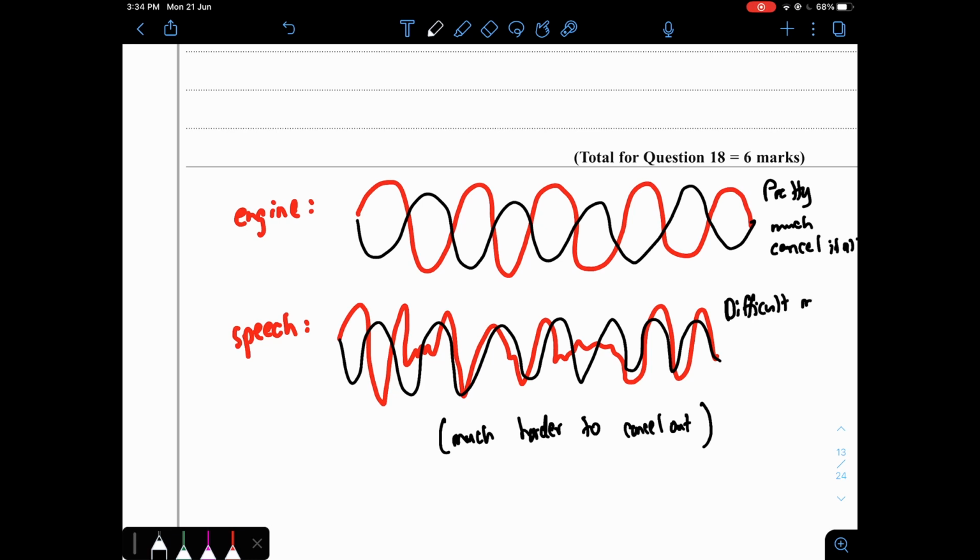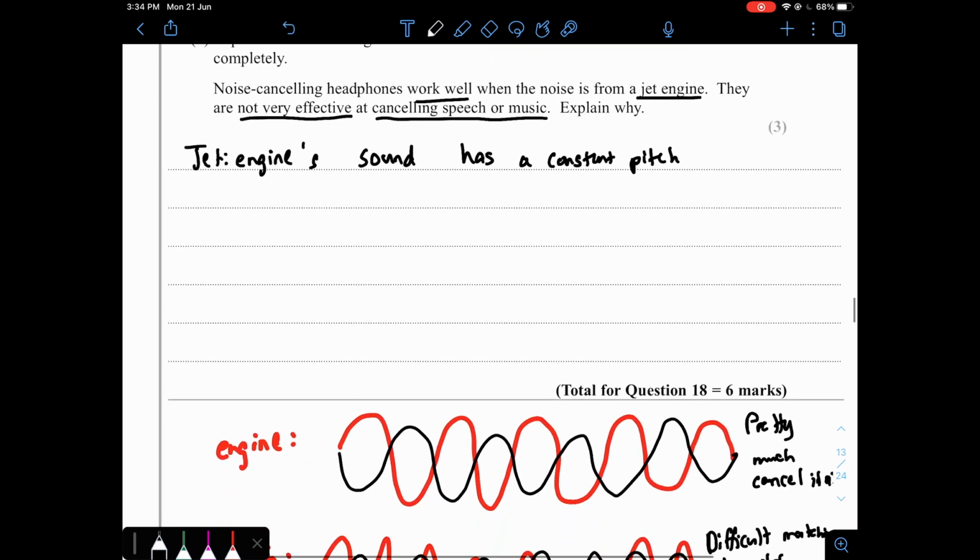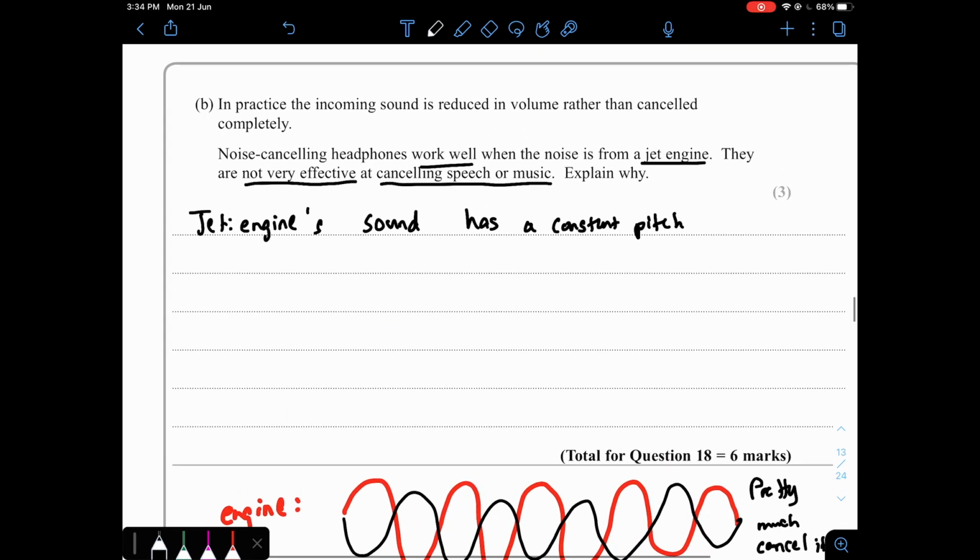Difficult matching the pitch, let's say pitch. Now, because we know that, we can say the jet engine has a constant pitch. So what can we say about the jet engine? It is easier to cancel the sound waves.